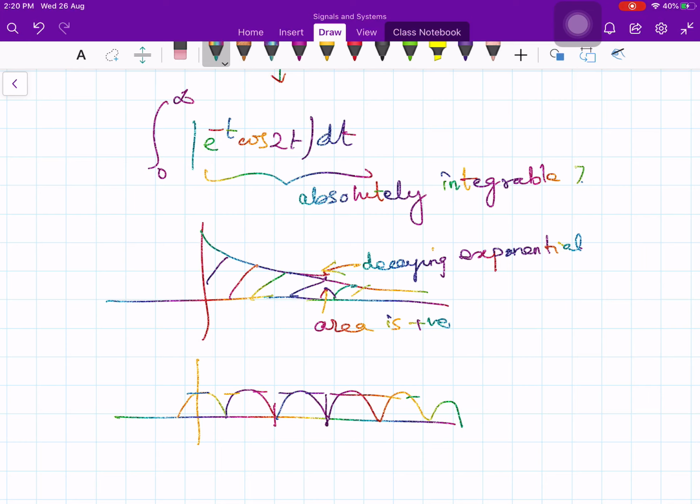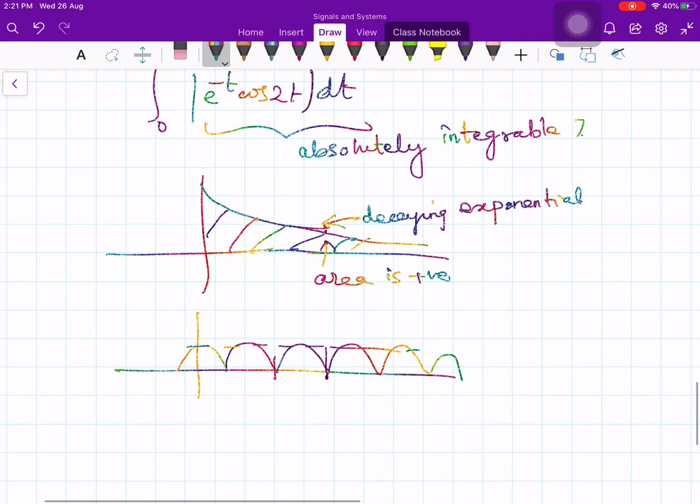Okay. So e to the minus t times the magnitude of cos 2t is an exponentially decaying function in the range of 0 to infinity. Therefore, h2 of t is the impulse response of a stable system. When t goes to infinity, e to the minus infinity is equal to 0.